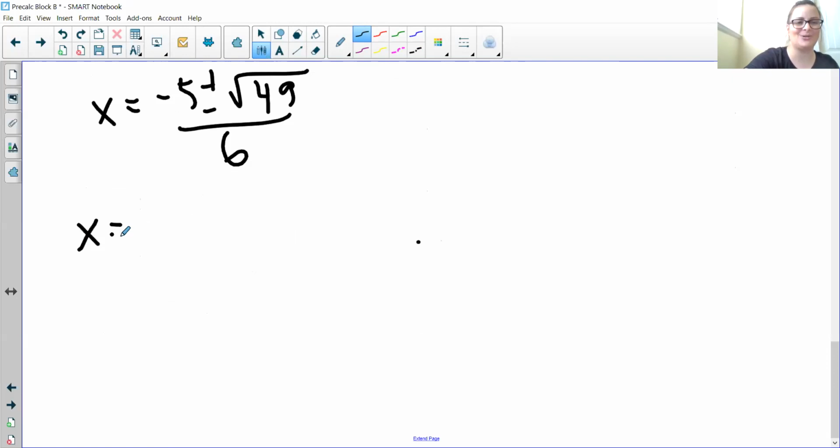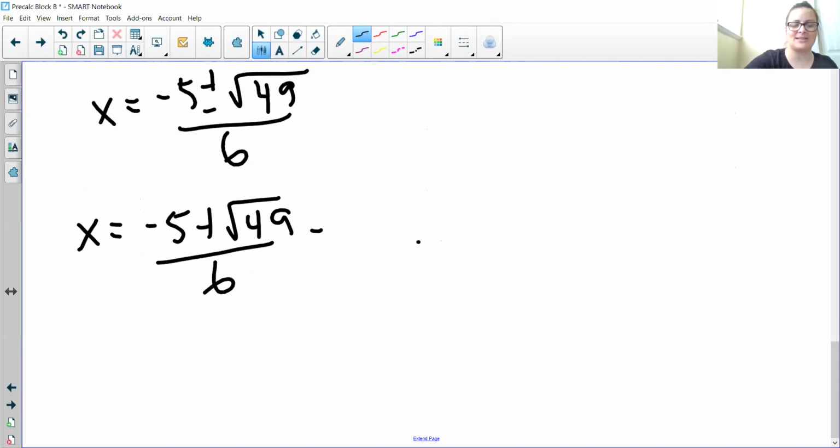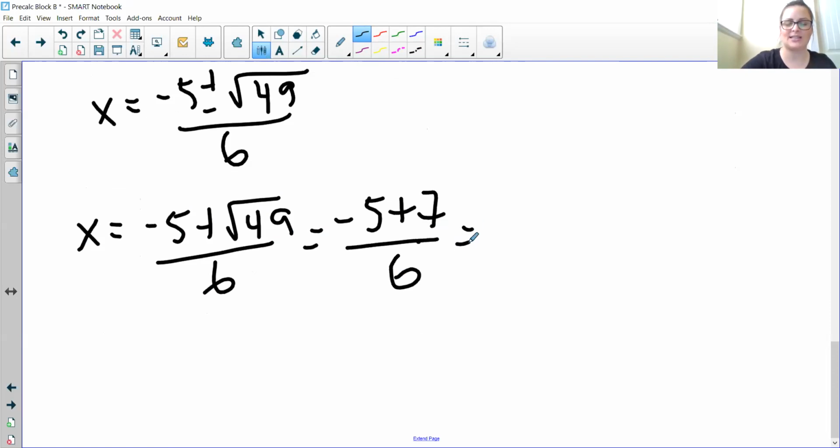So x can equal negative 5 plus the square root of 49 over 6. So that means it can equal negative 5 plus 7 over 6, which means negative 5 plus 7 is 2 over 6, which means it could equal 1/3. So that is one possibility for x.